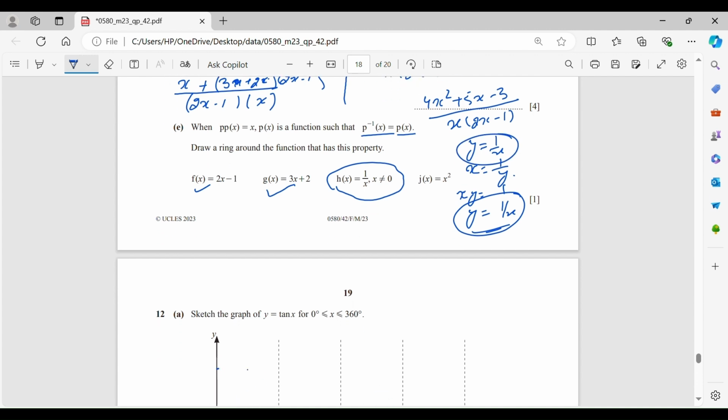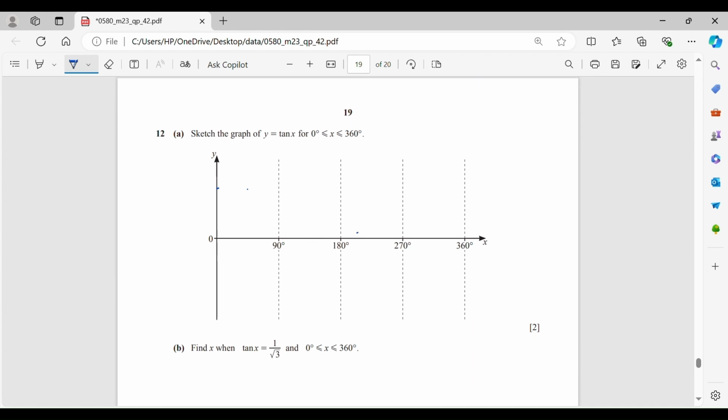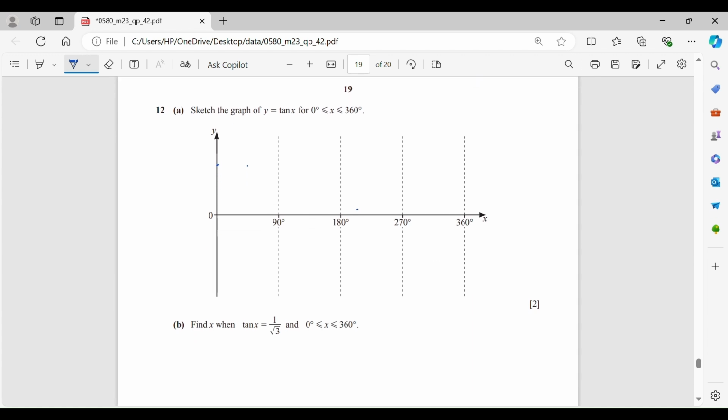Next part is question number 12. Sketch the graph of y is equal to tan x. For this, let's make the coordinate point. Here will be x, here will be, let's take the tan 0.